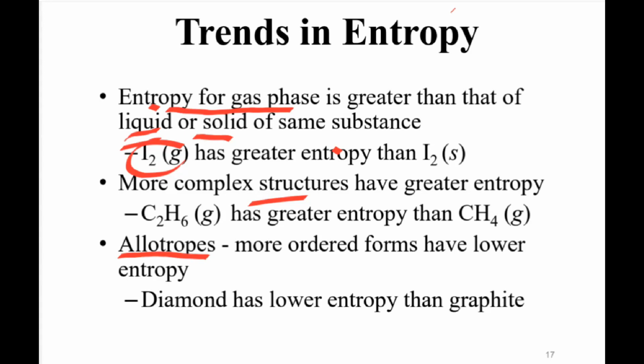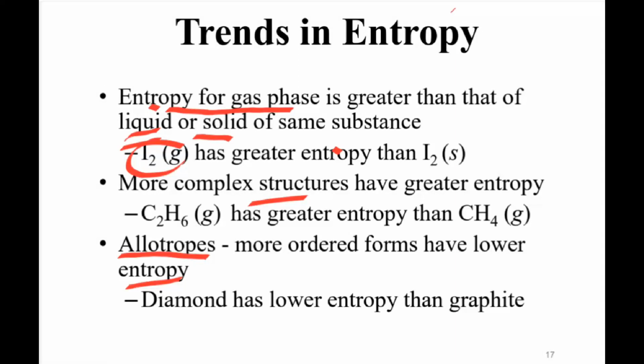So allotropes: more ordered forms have lower entropy. So these allotropes are different structural forms of the same element, and these allotropes can exhibit quite different physical properties and chemical properties. Allotropes የምንላቸው ከአንድ አይነት ኤሌመንት የተሰሩ ናቸው፣ ስትራክቸራቸው ወይም መዋቅራቸው ግን የተለያየ። And this is due to the arrangement of atoms.